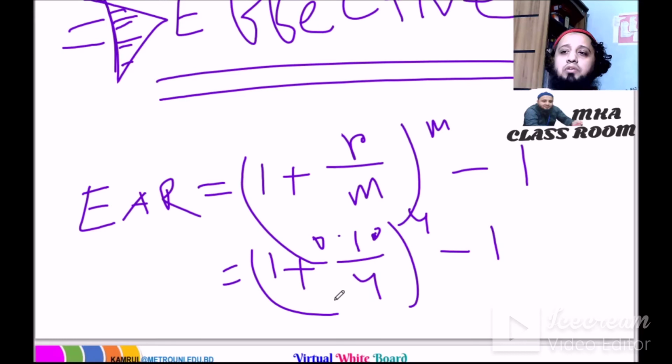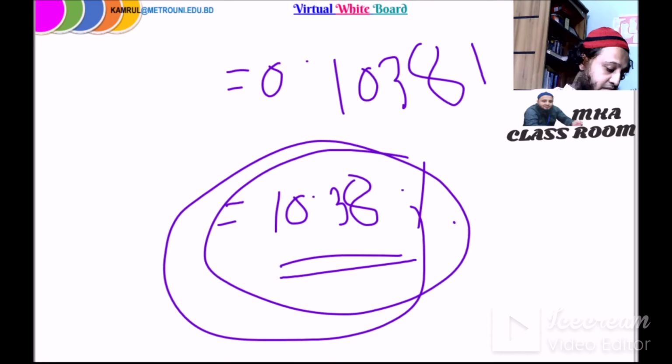So, here as an example we will try to solve, and I think that is the last example in this chapter.